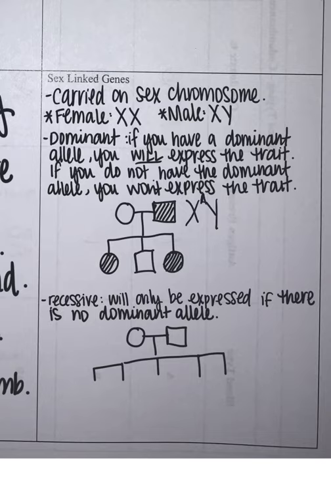So I'll just use a capital A. This father expresses the trait because he has a dominant allele on his X chromosome. Now the female, on the other hand, she's XX, but she does not express the trait. So in order to not express the trait, she can't have a capital A for her allele. She has to have two lowercase alleles.